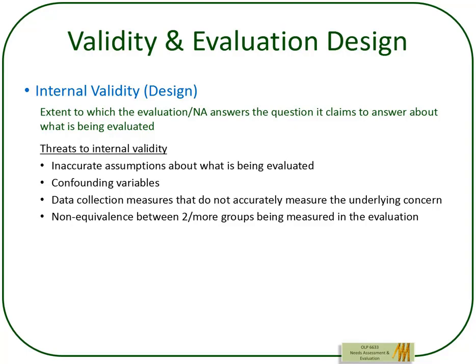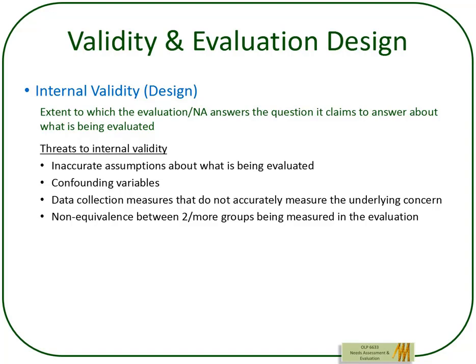That's only measuring if they know about coaching. And I throw that one out there because I think that's a fairly common threat to internal validity, is that we want to actually measure if someone can do, but we measure instead what they know about doing. And knowing and doing are not the same thing.